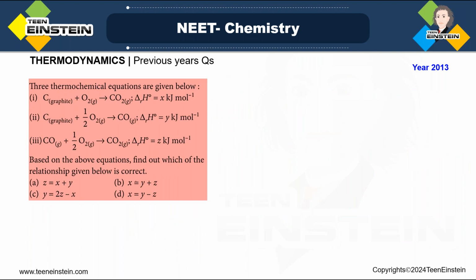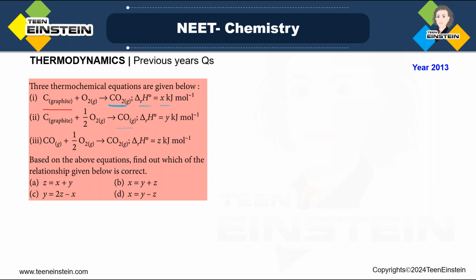3 thermochemical equations are given below. The first equation is carbon graphite reacting with oxygen and producing gaseous CO2. Delta H value is given. For the second reaction, again graphite, but now with half oxygen, so instead of CO2, CO is produced. The third equation is carbon monoxide reacting with oxygen, producing CO2.